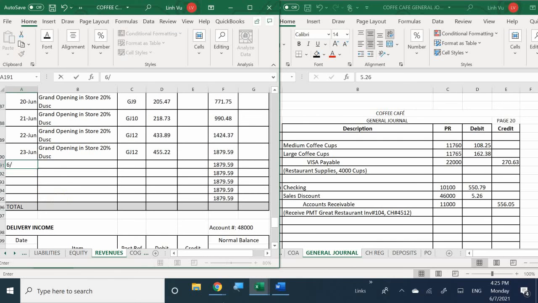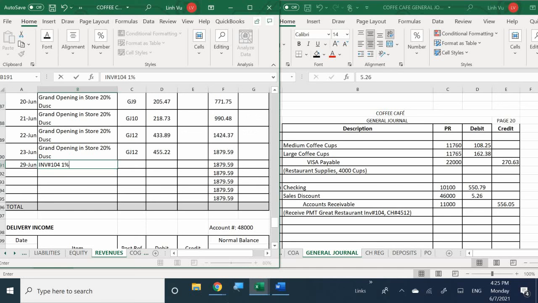Sales discounts, invoice 104. Should I put Great Restaurant or just the invoice number? You could do just the invoice number. That pretty much tells you who. And then our General Journal 20. I'm also going to indicate that it was a 1% discount.